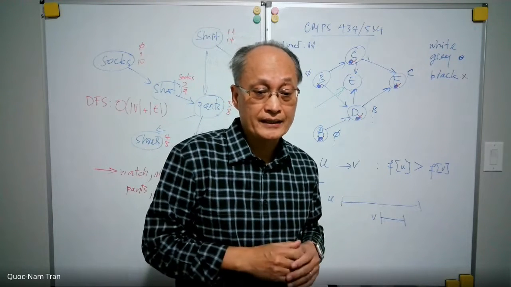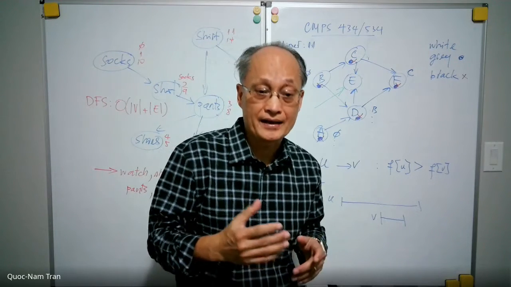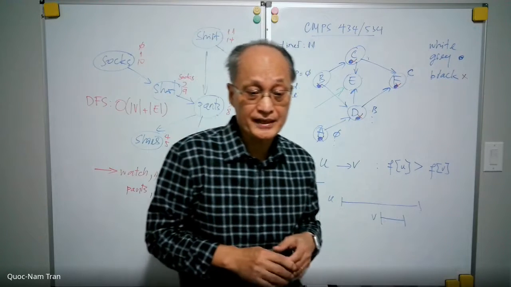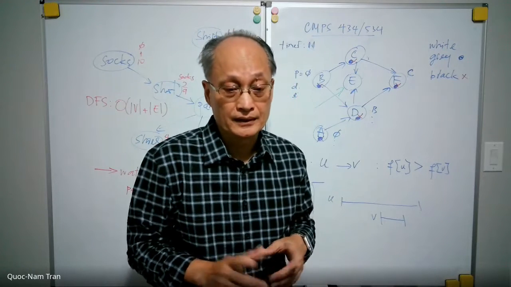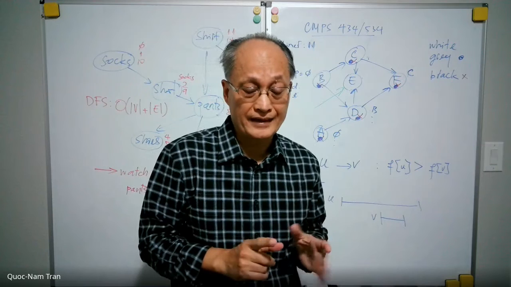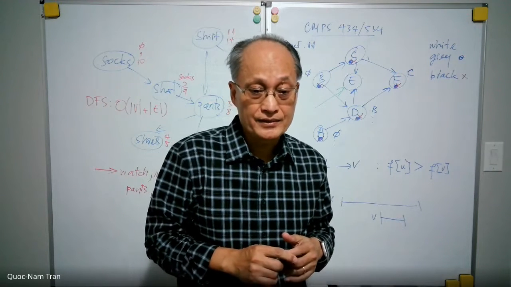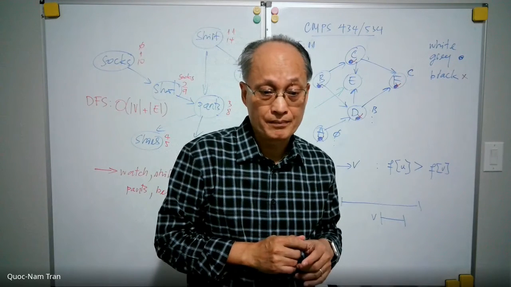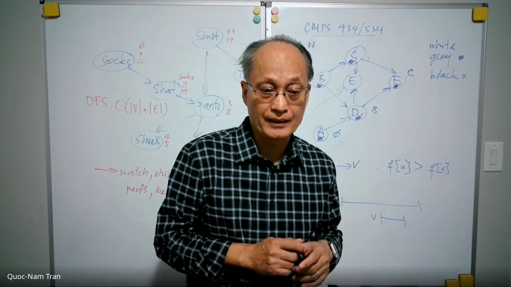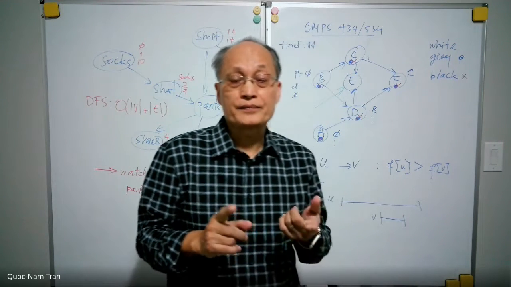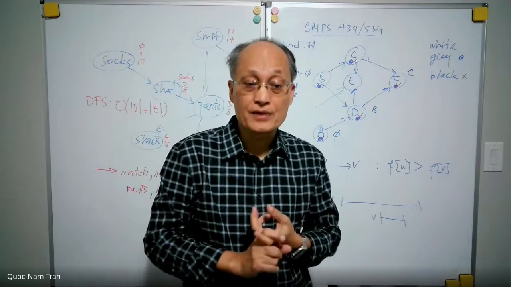So look at the comments I made and sent to each of you about your exercise number 2, right? Here I just want to mention one thing, which is about the decision tree for the heap sort.